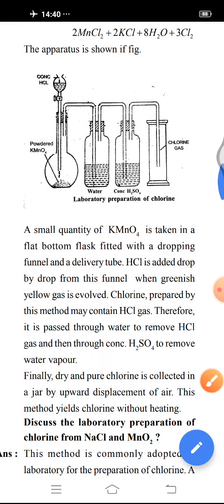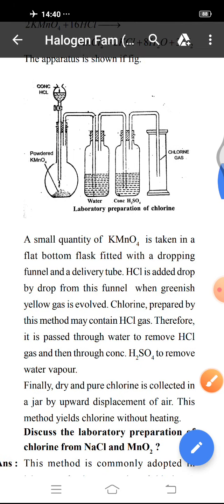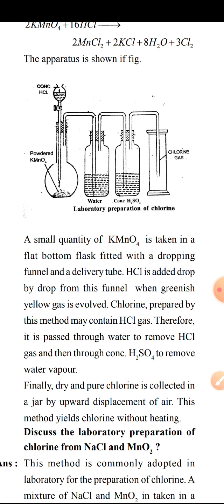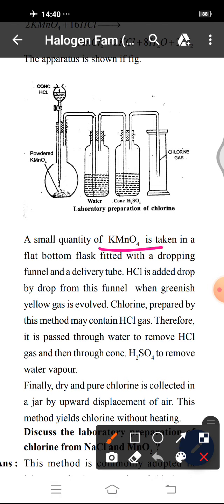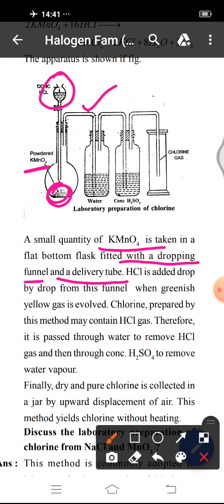So let us see how chlorine gas is prepared in the laboratory by this method. A small quantity of KMnO4 is taken in a round bottom flask, fitted with a dropping funnel and a delivery tube.